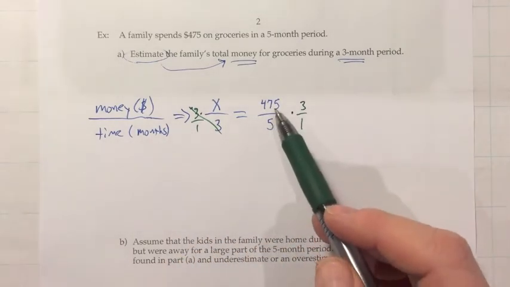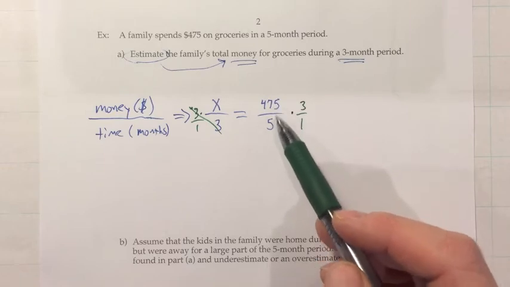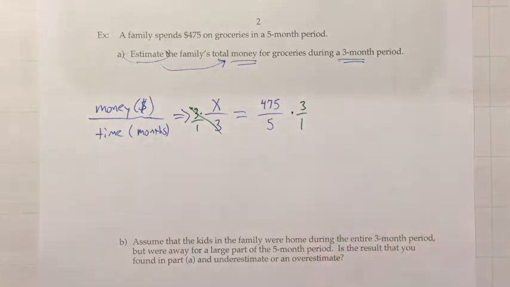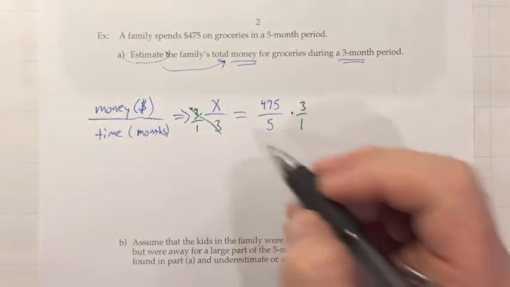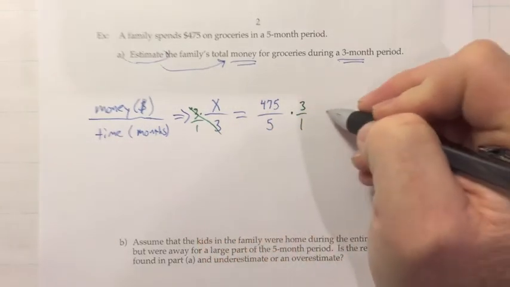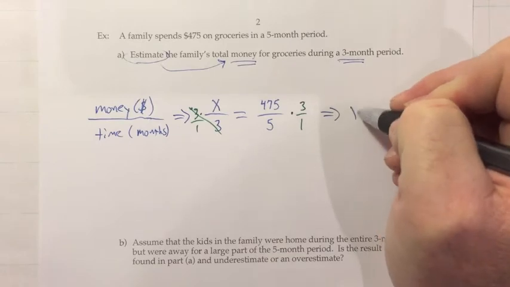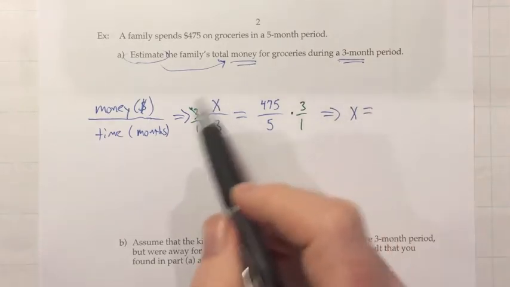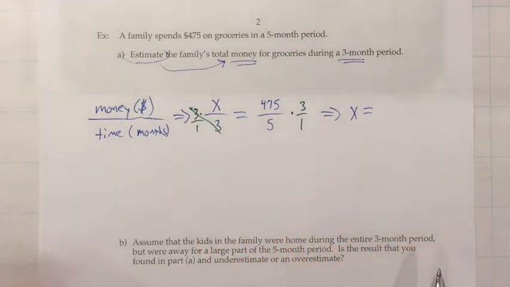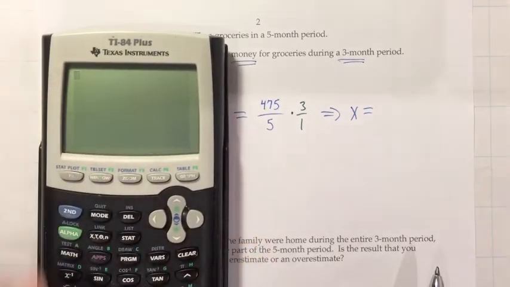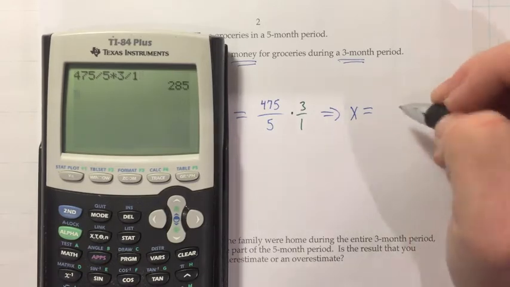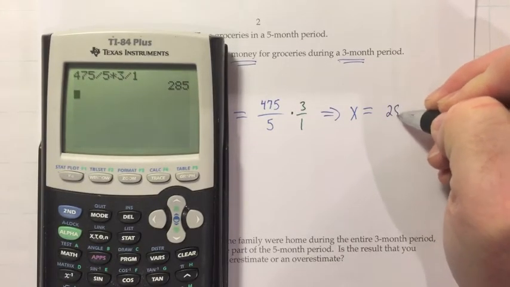And 5 does go into 475 evenly, and then we could do that division and then multiply by 3. I think that would all be reasonable to do by hand, but a little bit time consuming. So I'm just going to jump in here with the calculator and figure out what my x is. The x is by itself, so I just need to work out this side over here. So 475 over 5 times 3 over 1 is 285.